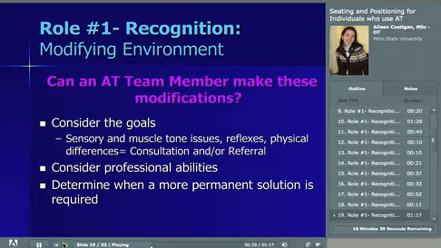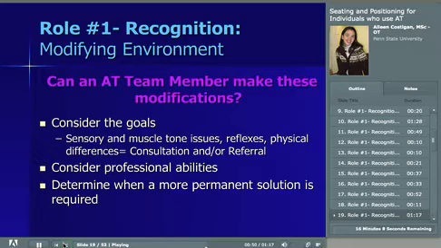If seating and positioning intervention is to address simple concerns with the three main goals of comfort, safety and stability, and function, then it may be appropriate to proceed. When making environmental modifications, an assistive technology team member should consider their own abilities and training.